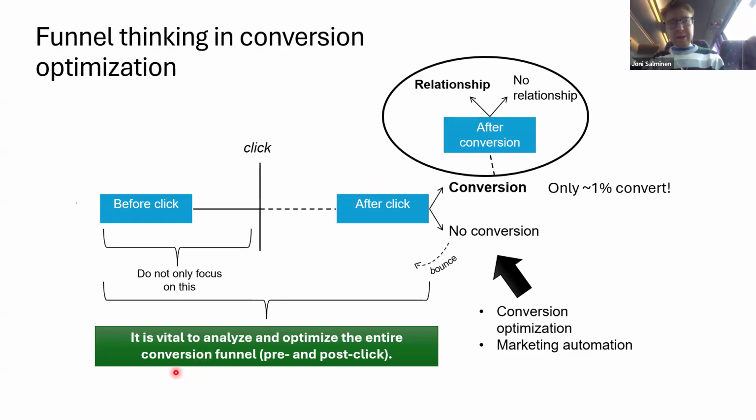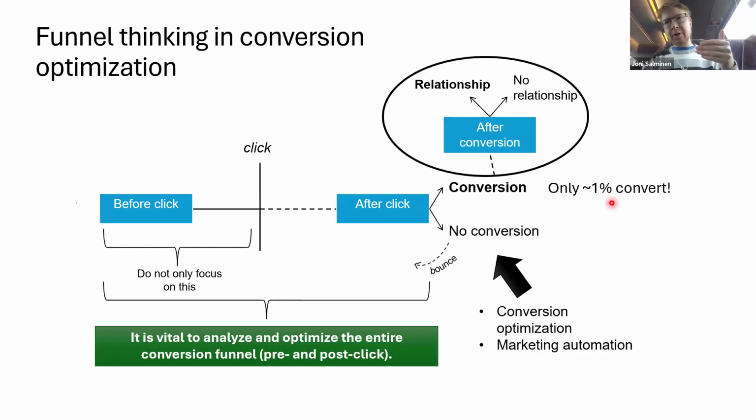So conversion optimization is not only about the traffic side or the advertising side or about the website side, but it's about both. And that's why it's demanding and requires a very broad mindset. And then as an extension of this model, also after conversion, so typically something like around 1% of people convert.